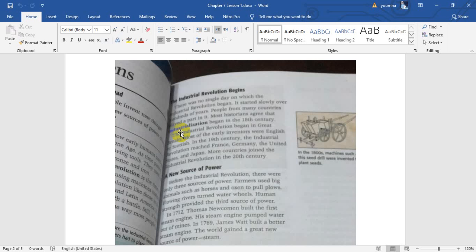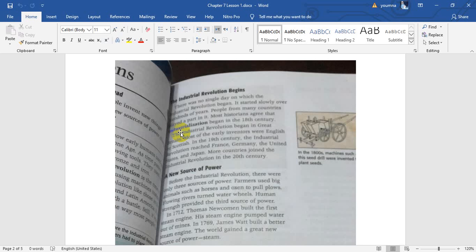In the 19th century, the Industrial Revolution reached France. So it began in the 18th century in Great Britain, but after that, in the 19th century, it reached and it arrived to France, then Germany, the United States, and Japan.